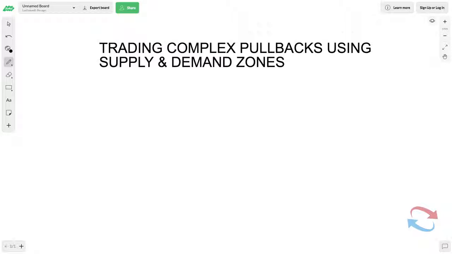Now, if you're a support and resistance trader, you normally will get caught out by what is known as the complex pullback.